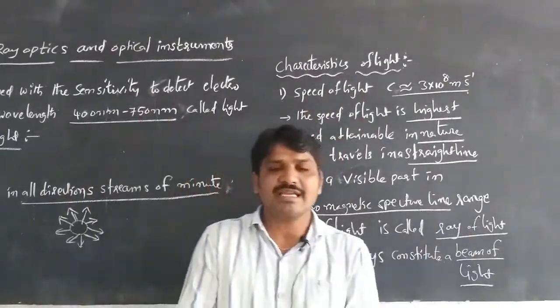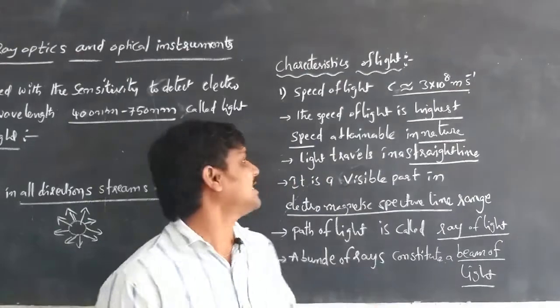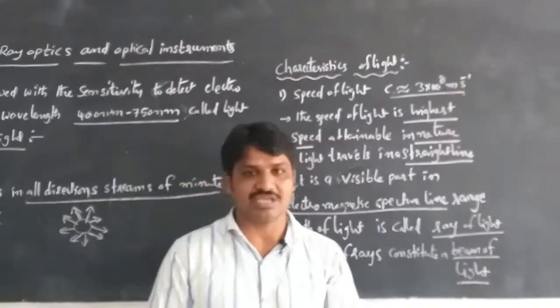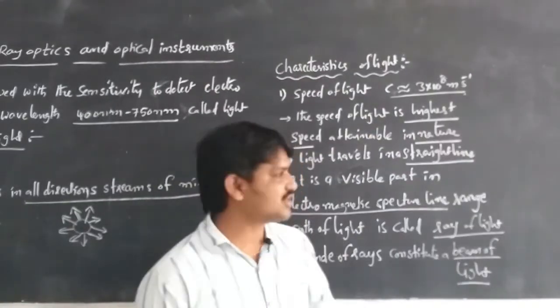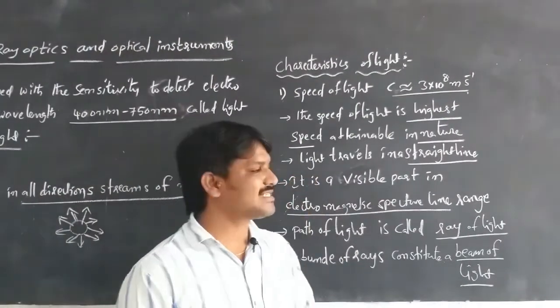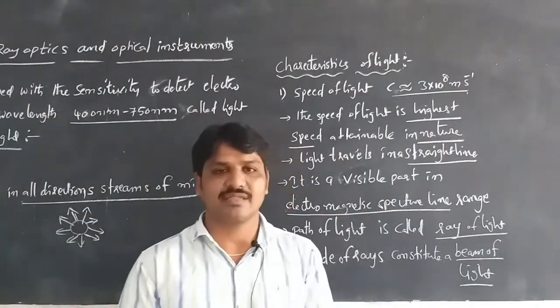The speed of light is the highest speed attainable in nature. Light travels in a straight line when it travels in a medium.